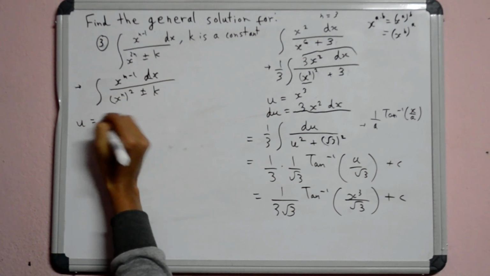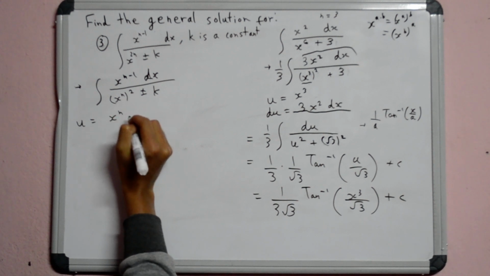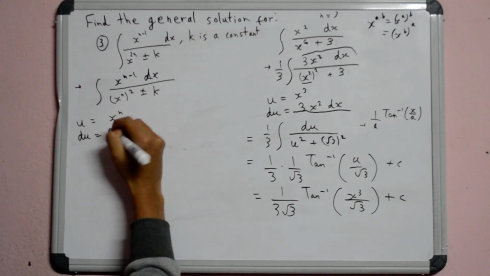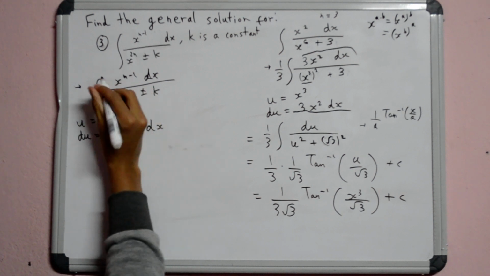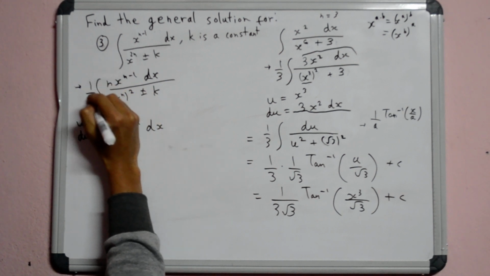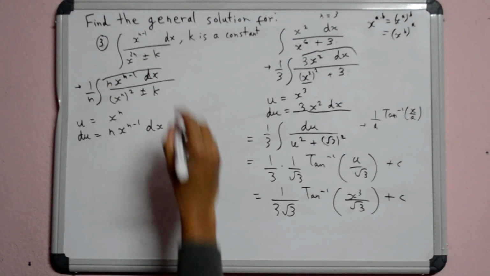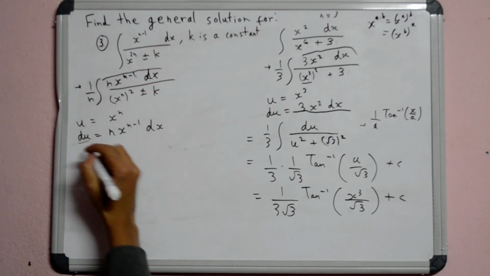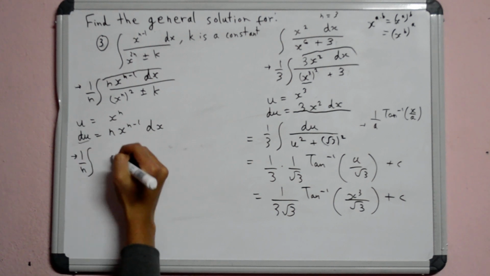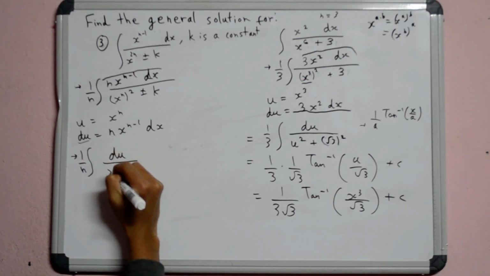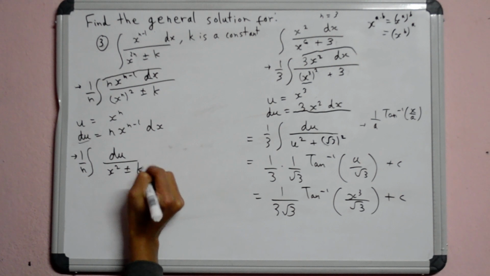And let u equal x to the power n, such that du is equal to n x to the power n minus 1 dx. We multiply this by n, divide this by n, such that this whole numerator part is this du right here. So you can simply write it as 1 by n du by u square plus minus k.